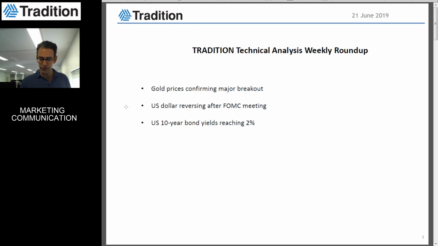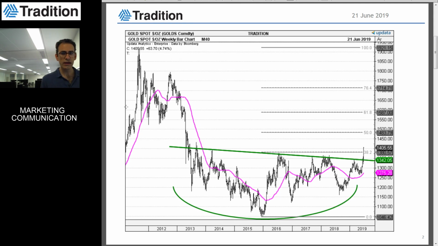So first of all, if we start with the chart of the week, it's obviously the chart of gold. As you can see here, a major upside breakout above a resistance line which was forming since 2013-2014.